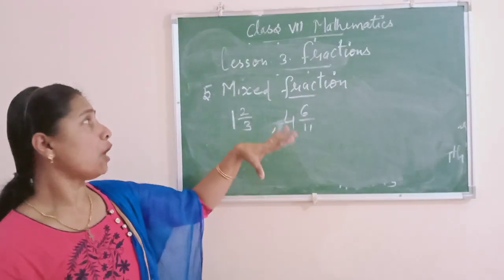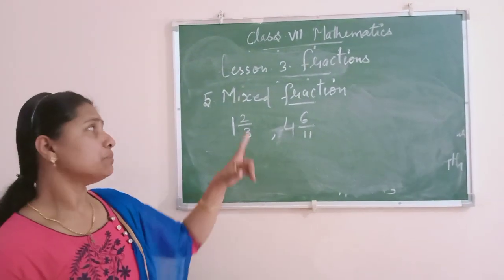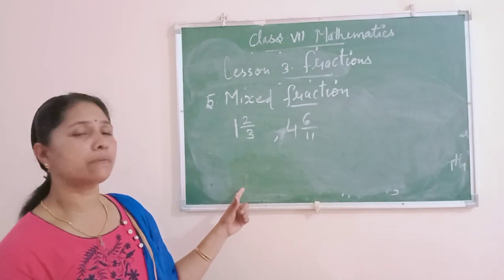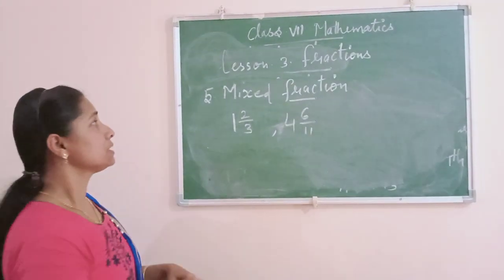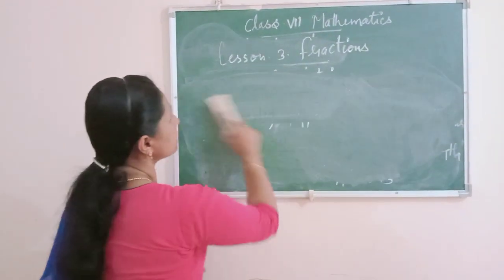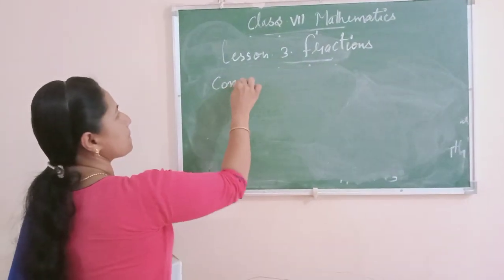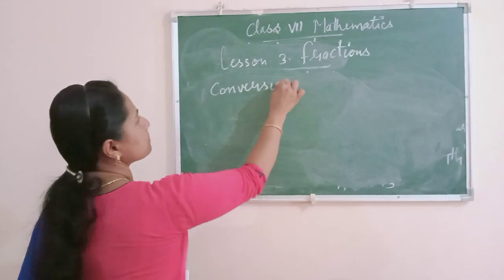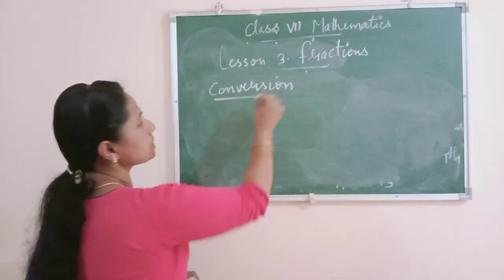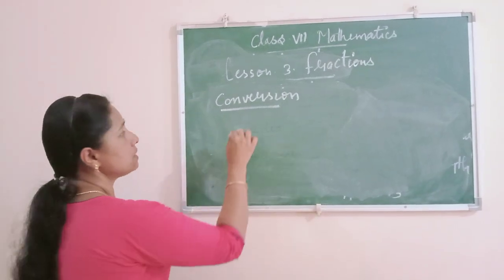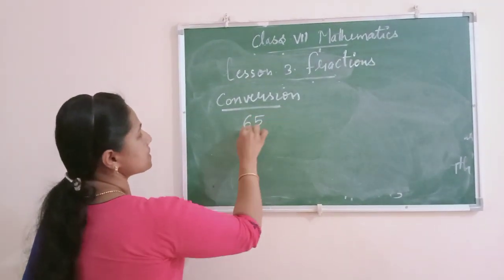Now let us see how we can convert a mixed fraction into improper fraction and also an improper fraction into mixed fraction. Conversion of mixed and improper. Suppose you are getting an improper fraction 65 upon 7.